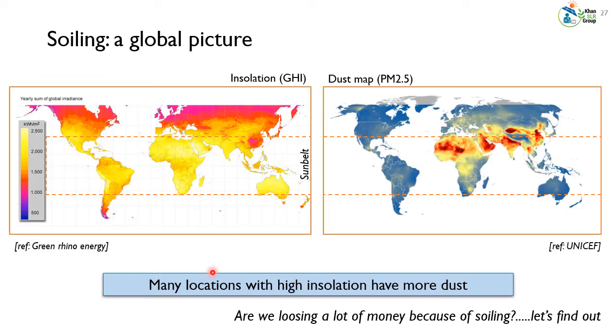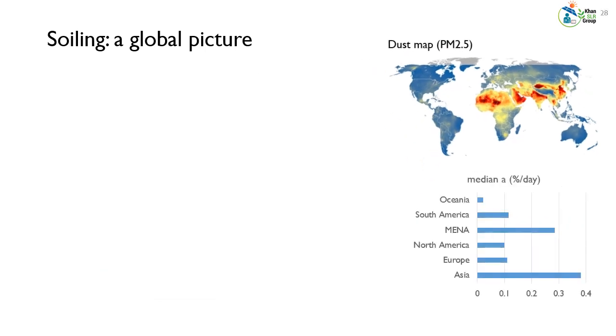Now, coming back to the question, are we losing a lot of money because of soiling? Well, yes, we are losing some money, and we want to maximize our profit. But this might look bad in terms of sustainability if we are not cleaning the panels optimally. You can see here Asia has the highest soiling rate, and after that we have Middle East and North Africa.